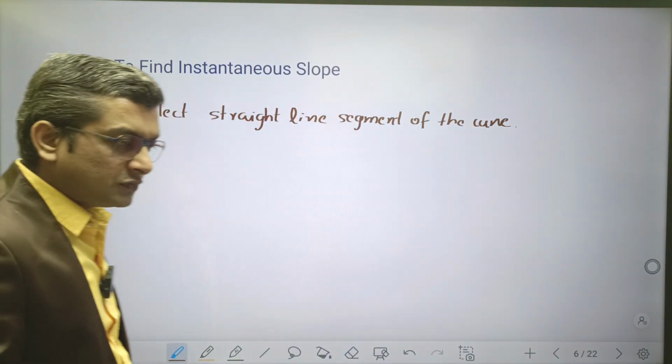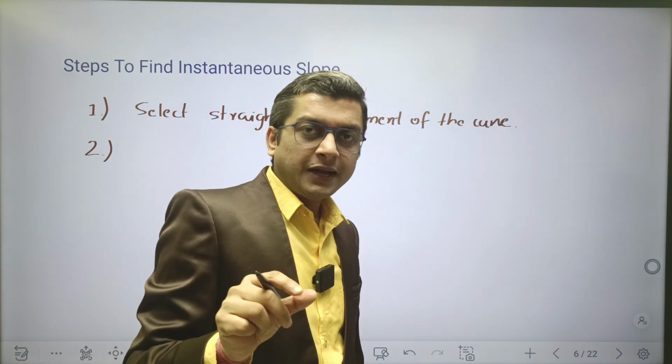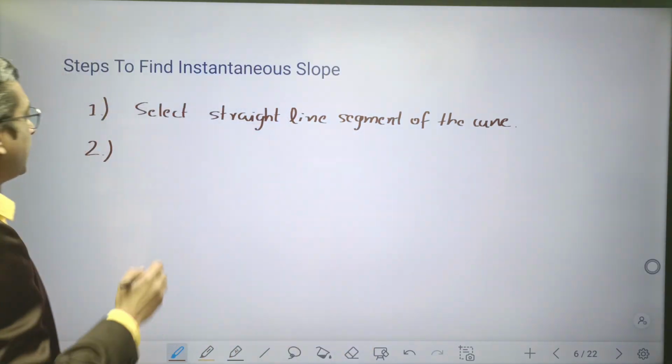Second, for that straight line segment, find the average slope.